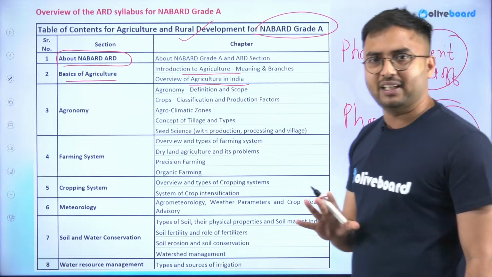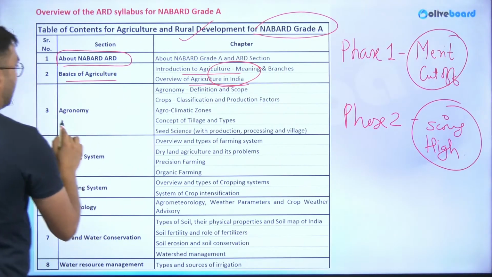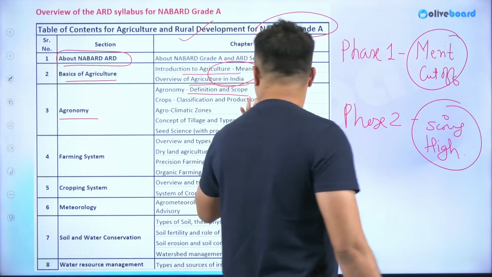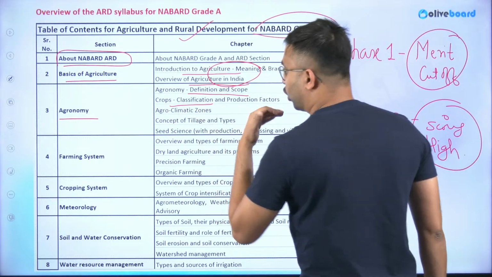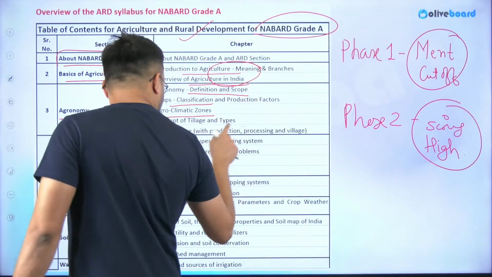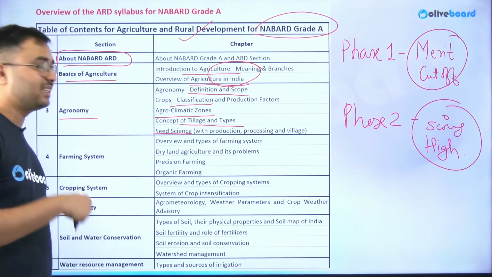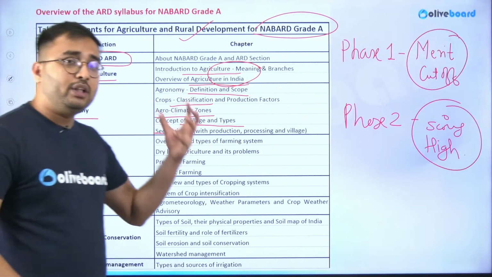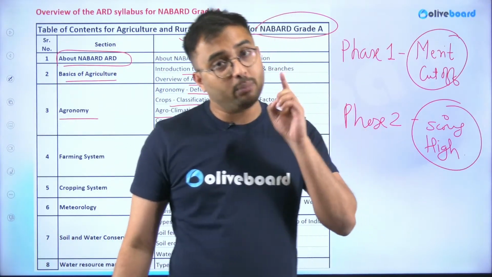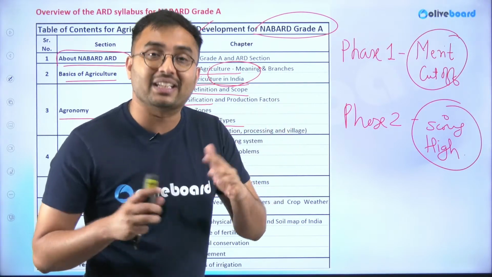A basic, preliminary chapter in which we will discuss what agriculture is, what its branches are, etc. Then comes agronomy, the first important chapter, covering definition, scope, crops, classification, production factors, agroclimatic zones, concept of tillage, then weed science, seed science, etc. We will cover only those topics which are asked in the NABARD Grade A exam. We will not cover topics which are not important and, more importantly, which will waste our time.